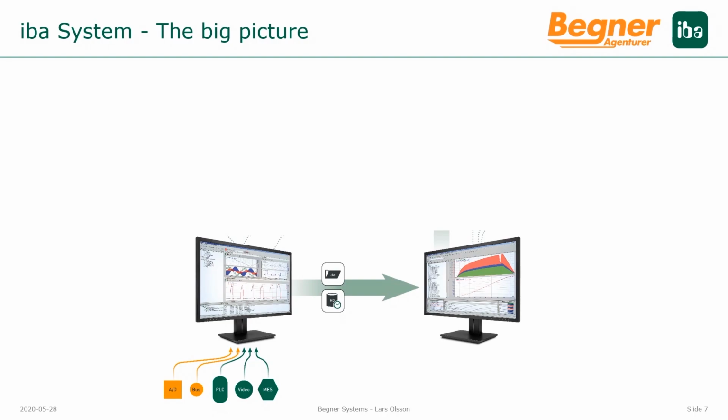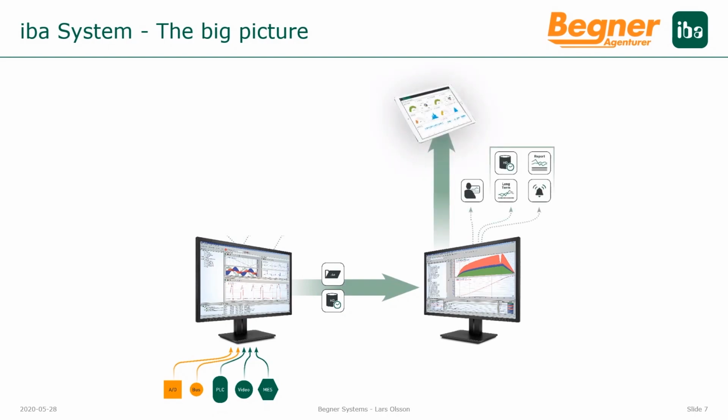We can read data into ibaAnalyzer, where we can perform our analysis. We could do long-term trends, reports, some alarm functions, and also, by the use of a database, we could visualize data in our web interface, ibaDavis.